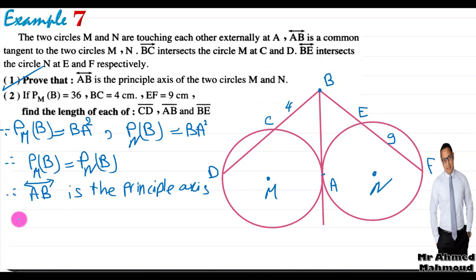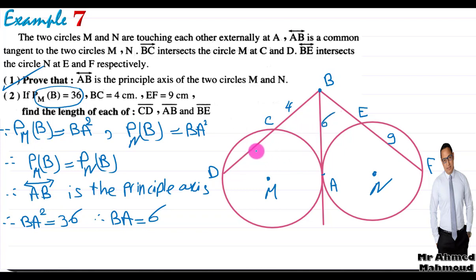First, the power of the point B equals 36, therefore BA to the power of 2 equals 36, therefore BA equals the square root of 36, which equals 6. So this part equals 6.